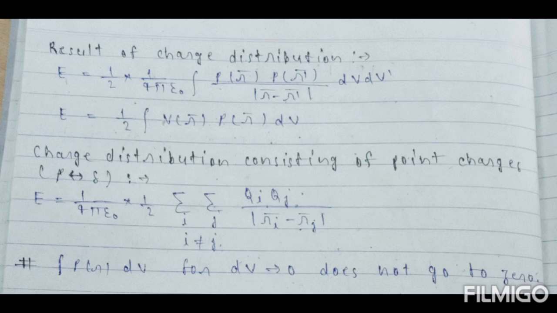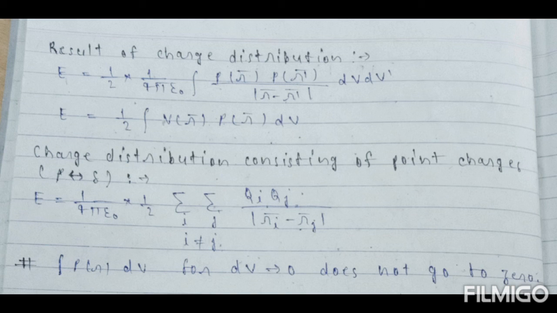In making this transition from the continuous distribution of charges to a charge distribution consisting of point charges, you have to be careful that in this case integration rho(r) dv for dv tending to 0 does not go to 0, because these point charges are like delta functions, and therefore in doing the integration I have to explicitly avoid the self interaction of charges.